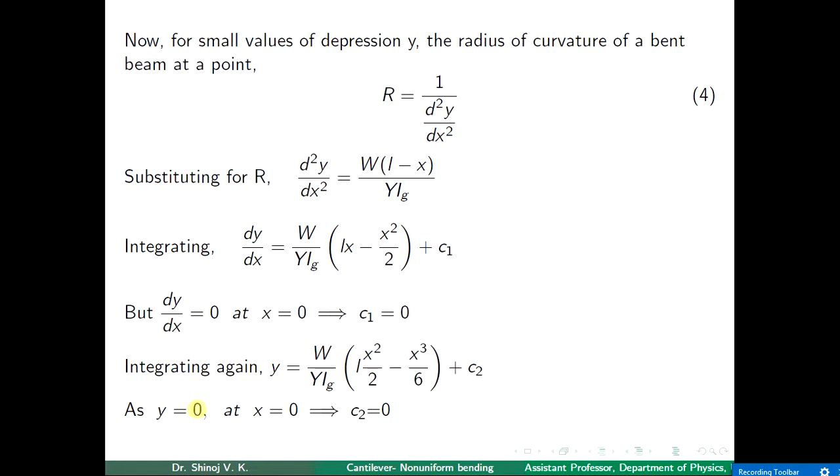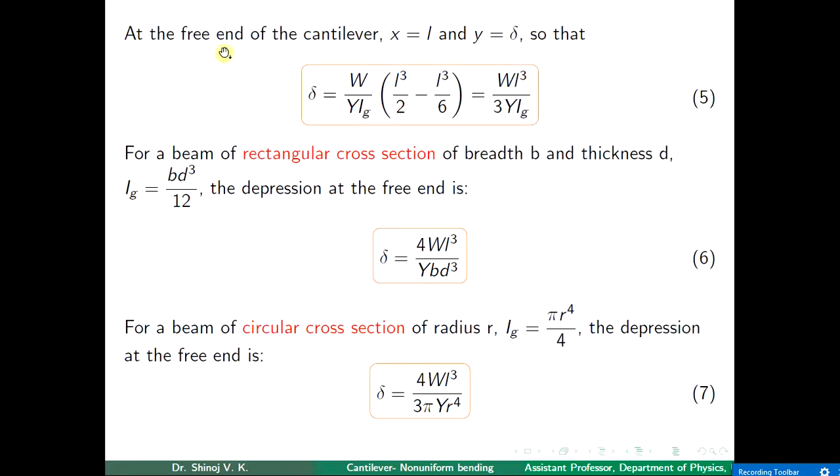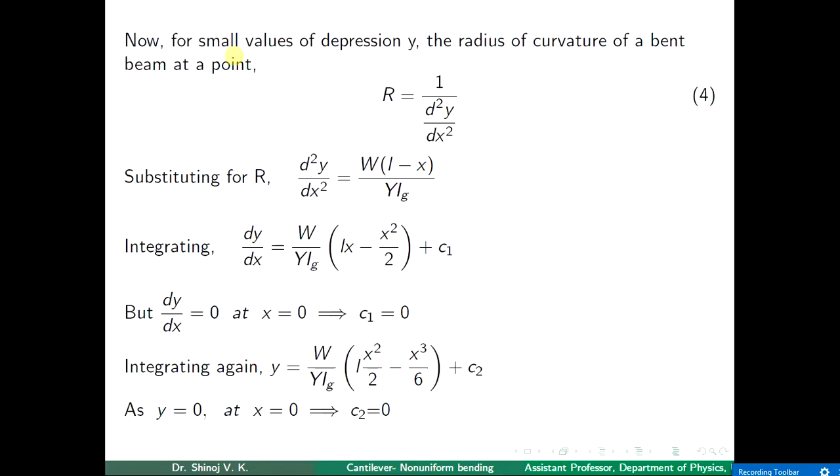At x = 0, at the point A, there is no depression. So if you substitute x = 0 and y = 0, you will get C2 = 0. So you get the expression y = W/Yig (Lx²/2 - x³/6). Now at the free end of the cantilever, x = L and y = delta.